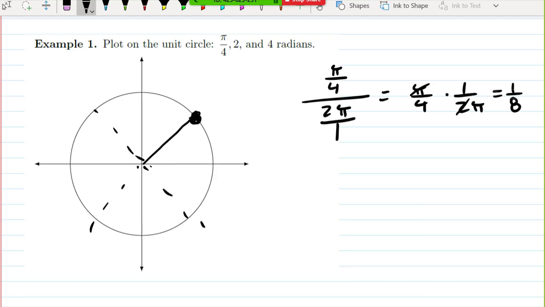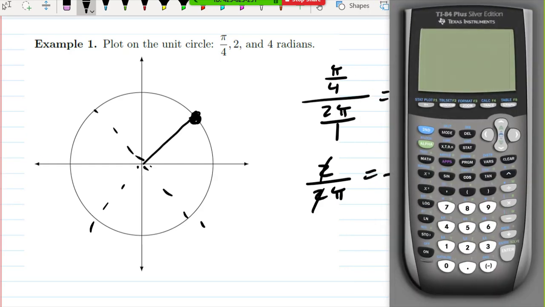Well, that one's a little bit different. We can do the same thing. We have 2 divided by 2 pi. And we get 1 over pi. So if we grab our calculator and we approximate 1 divided by pi, 0.31 means how much of the circle are we going to go around?